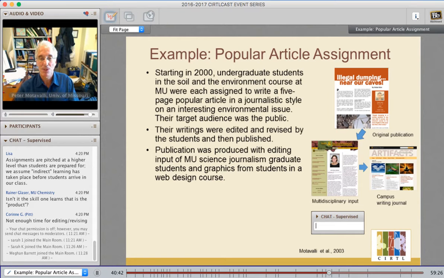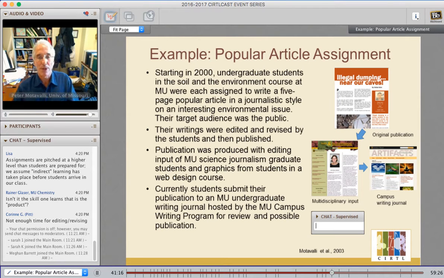There was not a publication that was readily available, so we had to create one, and we wanted to do that by students working on it. Originally, this one, the first, illegal dumping near our caves, was one that I produced. And then this one that says multidisciplinary input, that was from the students. The picture there is of a graduate student in the science journalism program, and she edited the whole thing.